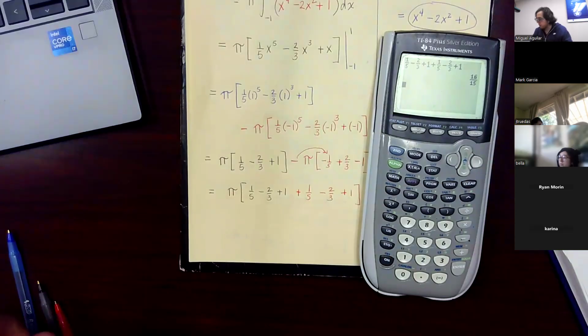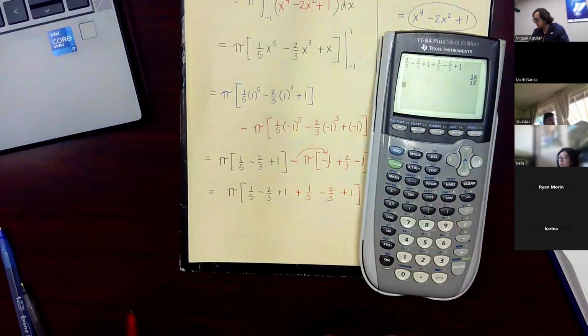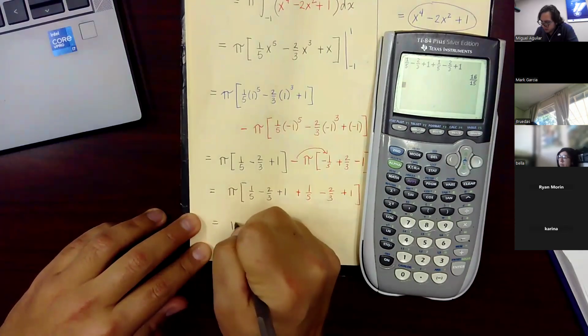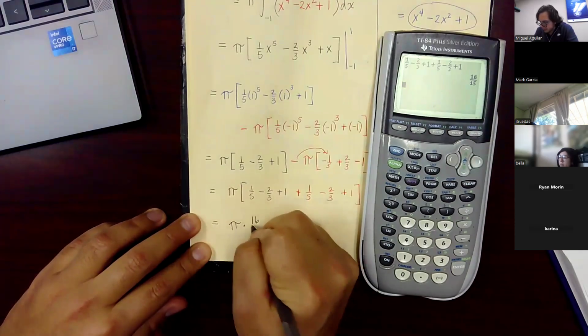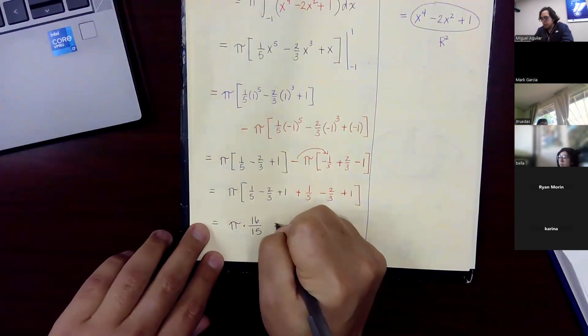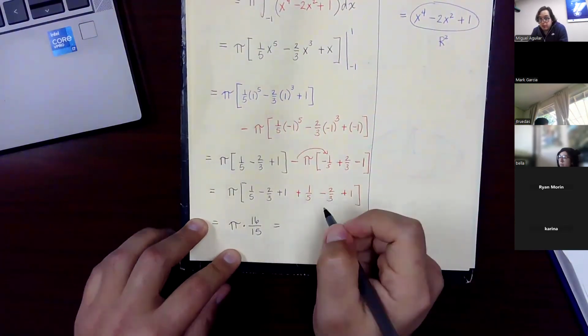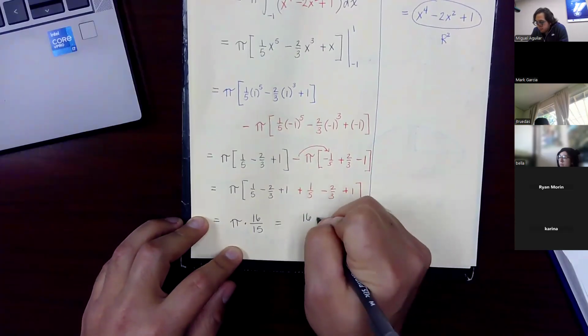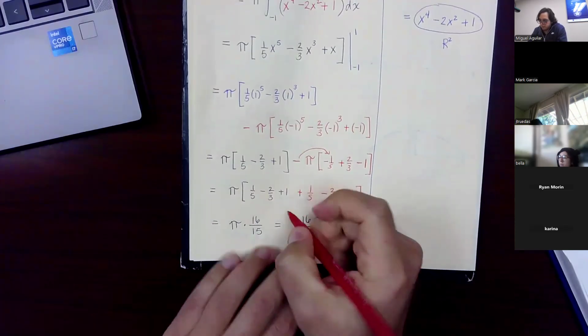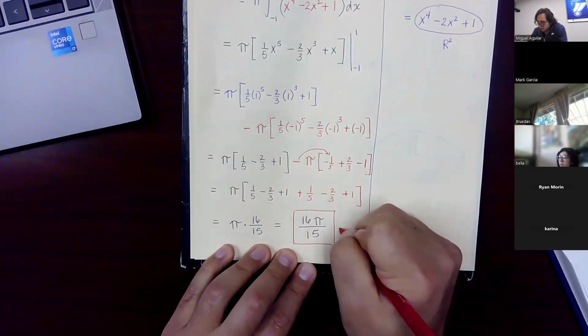I'm getting 16 over 15. So pi times 16 over 15 then, which can't be simplified any further. We're just going to call that 16 pi over 15. And that is our volume.